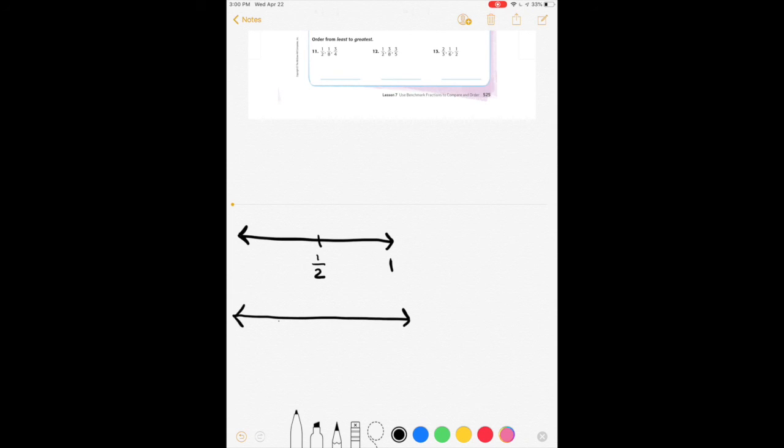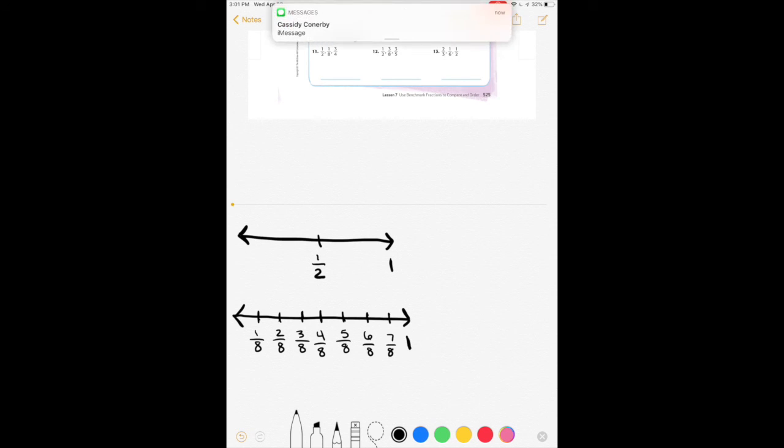Okay, let's do it in half, and then in half again, and then in half again. There we go. If you do it in halves, it makes them much easier. So we have 1/8, 2/8, 3/8, 4/8, 5/8, 6/8, 7/8, and then 8/8, which is whole.